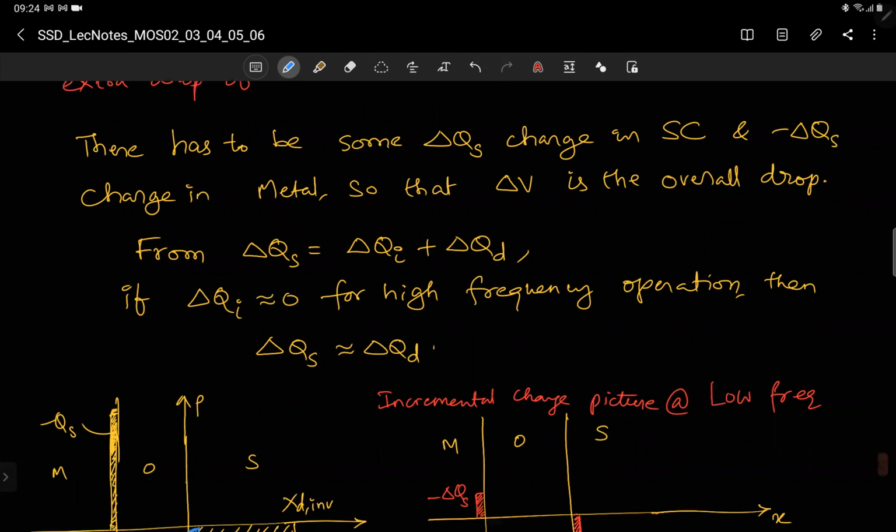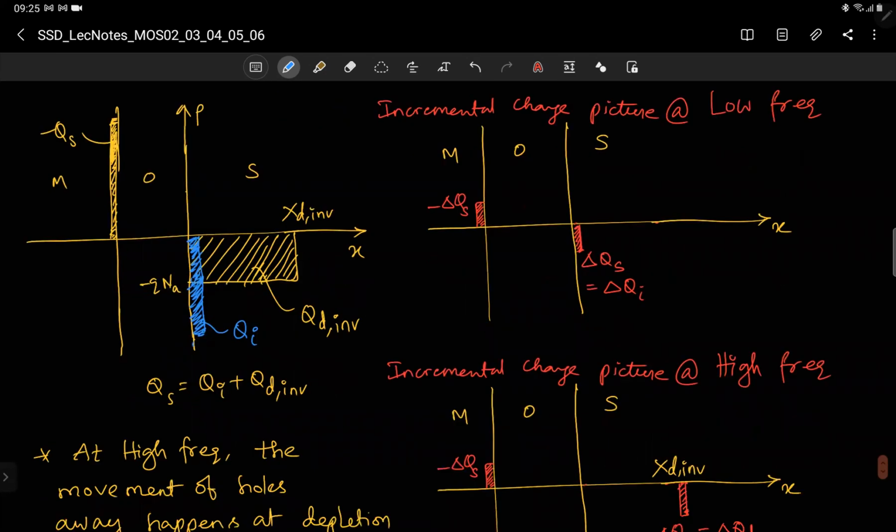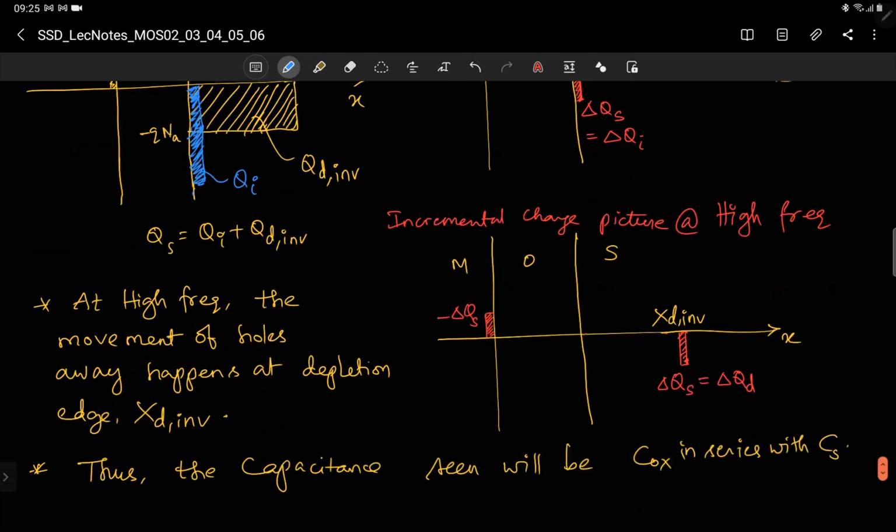Considering the same old space charge picture, the incremental charge picture at low frequency is supplied from inversion charge, whereas at high frequencies the change in charge comes from the movement of holes away from the depletion edge. So the change in charge occurs at the depletion edge because this is a much faster process.